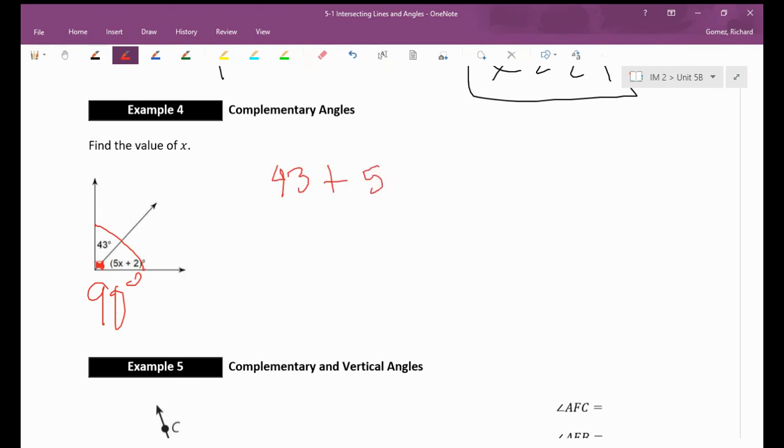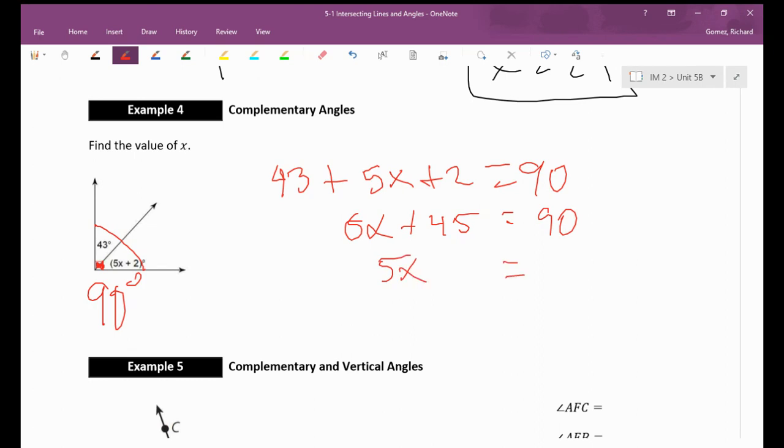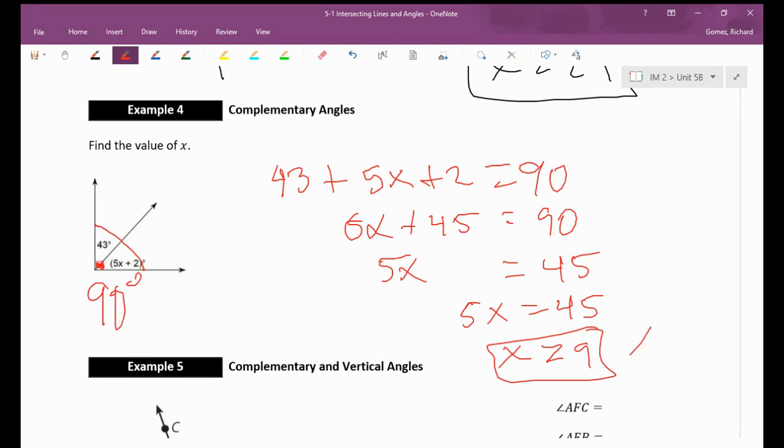So when you add them up, you can set them equal to 90, right? So that would be 5x plus 45 equals 90. Subtract 45 on each side, right? You get 5x equals 45, and divide by 5 on each side, and you get 9. So x equals 9. That's not a z, that's x equals 9.